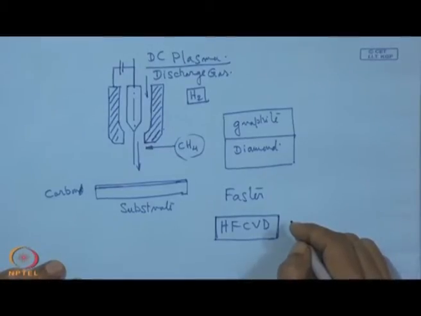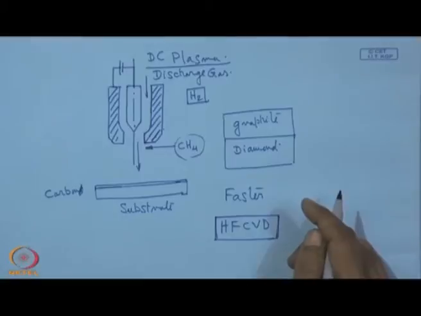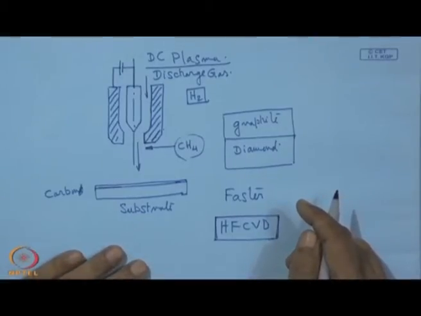Now, this will be good for those places which are flat and with simple geometry, flat surfaces, square block, rectangle, something like that, where deposition of diamond by using this torch will be easy, because it is a directed process.